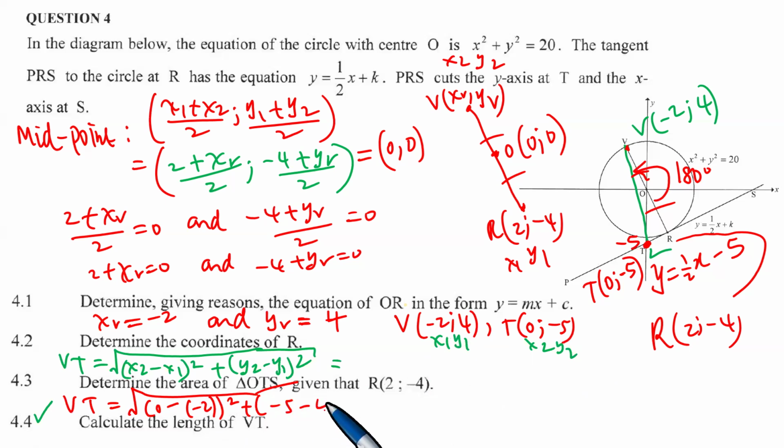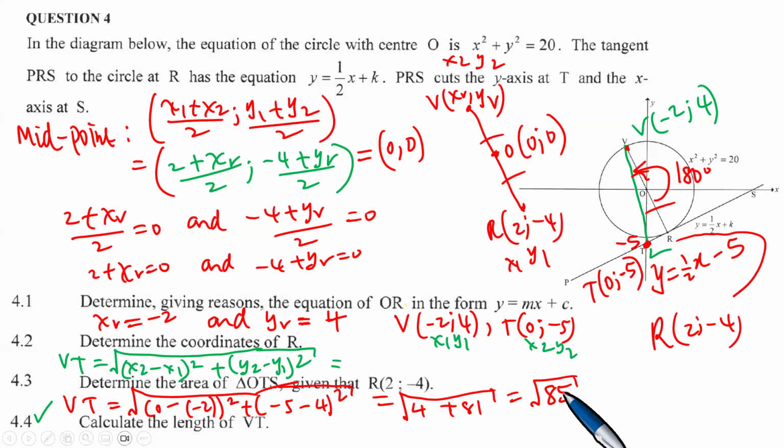Y1 is a 4. You square this, it becomes a 4 plus 81, which is exactly 85, the square root of 85. So the length of VT, using the distance formula, we substitute it, and it is the square root of 85 units.